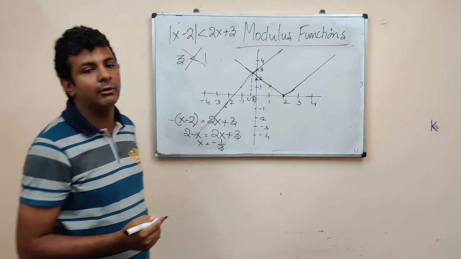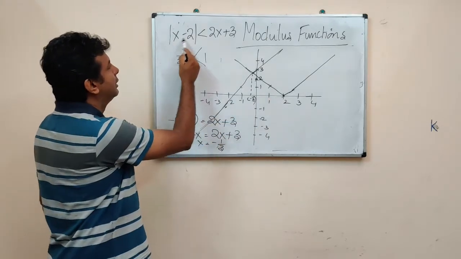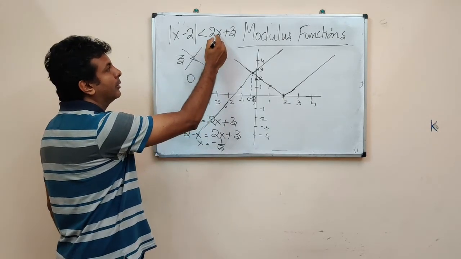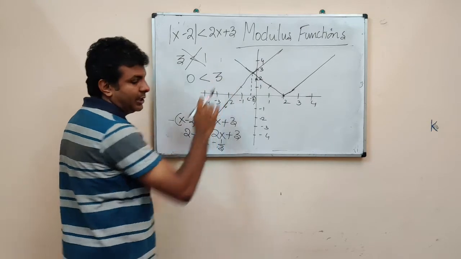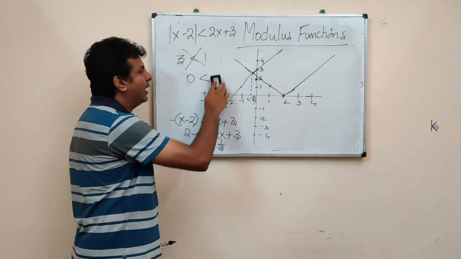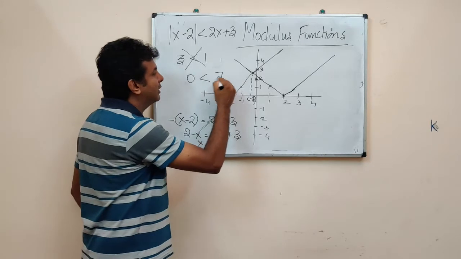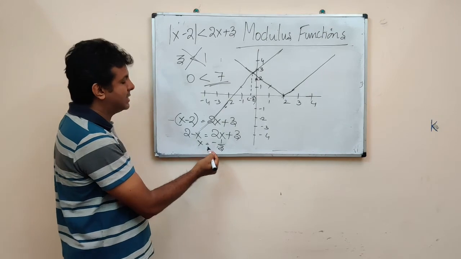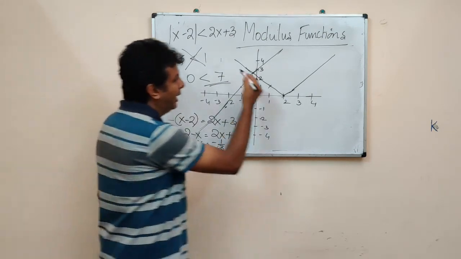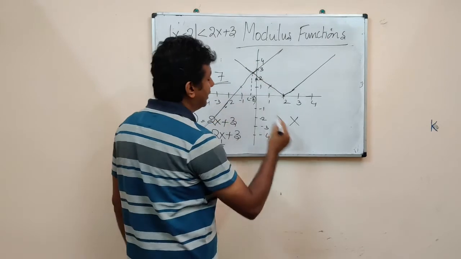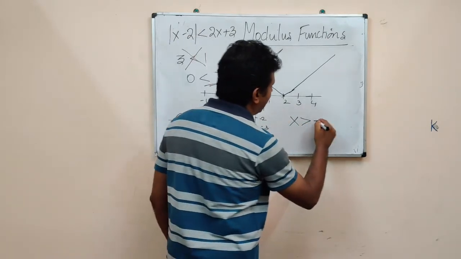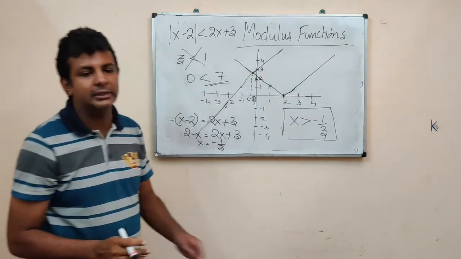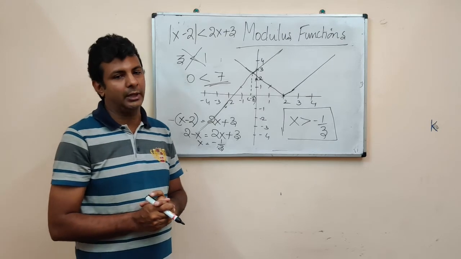Now let us look at a value to the right side. Let us take the value 2. 2 minus 2 is 0, this will be 0 and less than, you put it here, 2 into 2, 4 plus 3, 7. So basically what we understand is the domain of x such that this inequality is valid is x greater than minus 1 by 3.